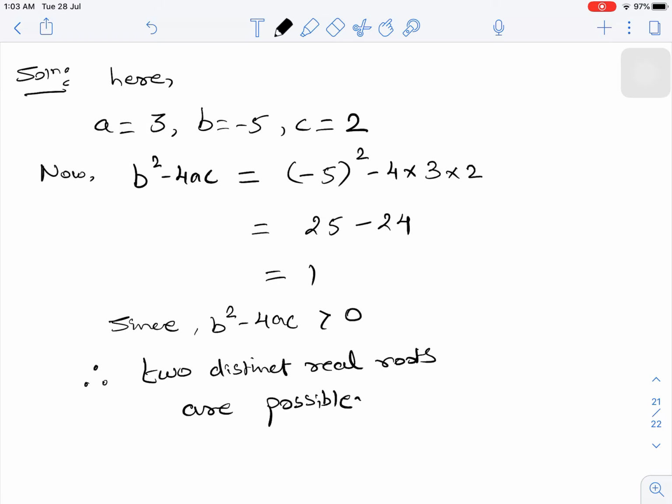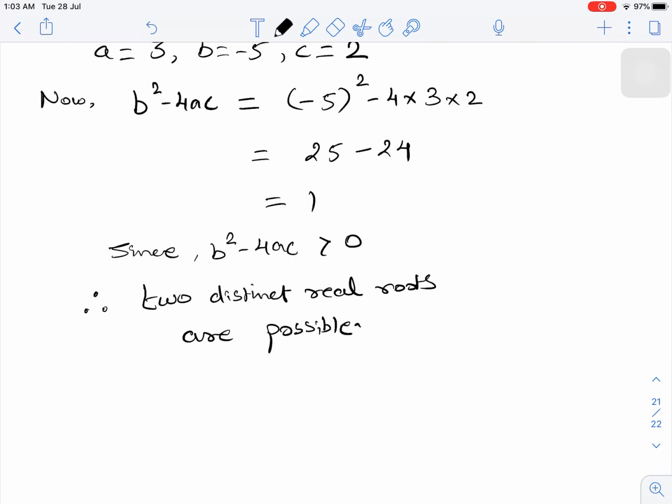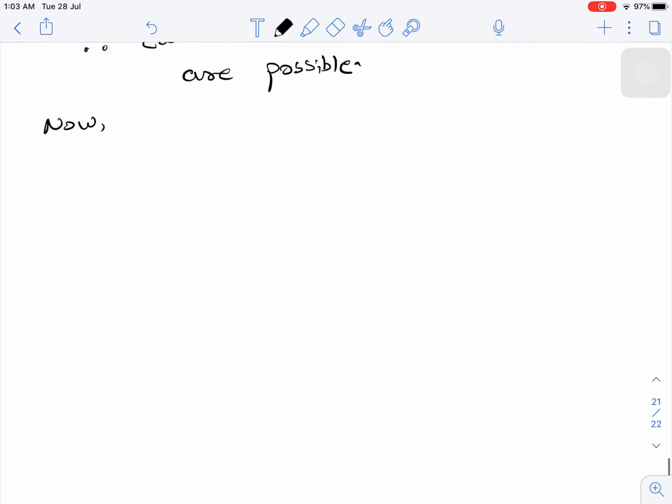Now we have to find the two distinct real roots by using the quadratic formula.